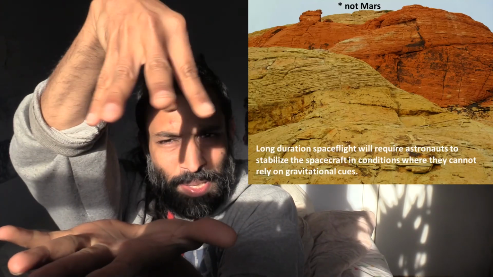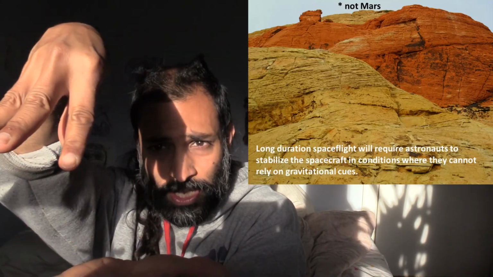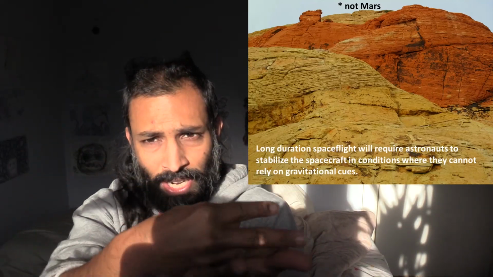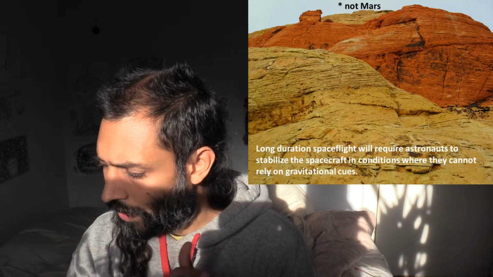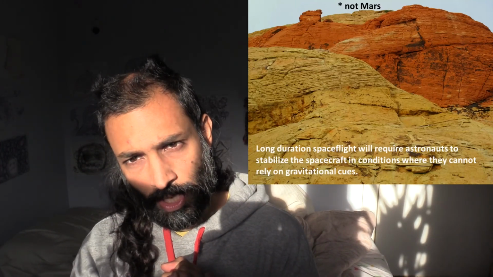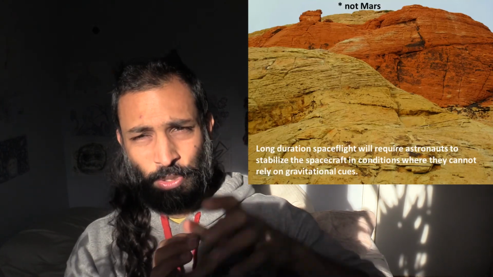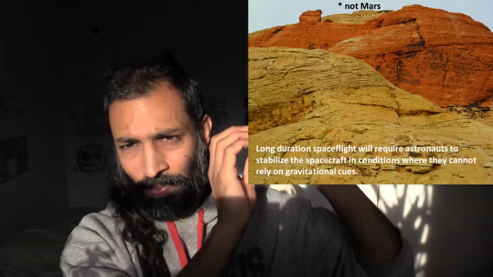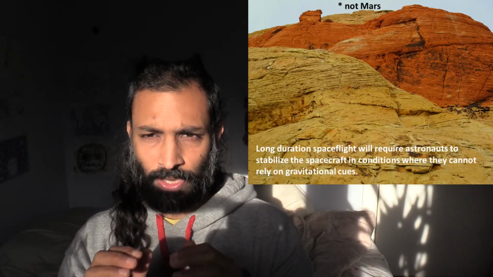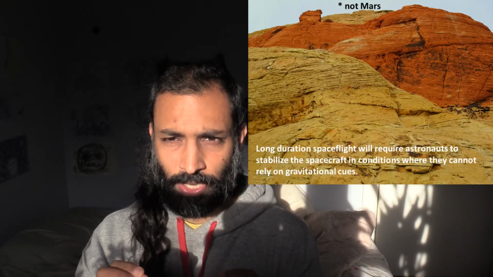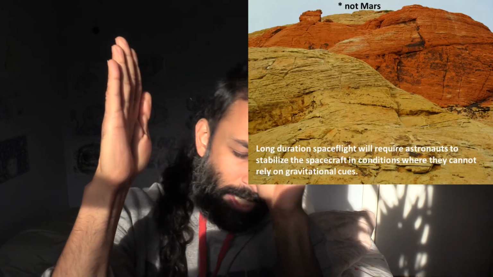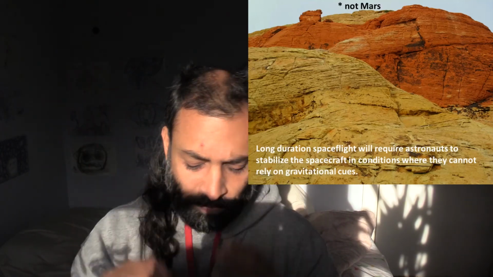As you try to stabilize that spacecraft, you better know where up is. If you don't, you're going to crash that aircraft or spacecraft. Now, what we also know is that astronauts will become very susceptible to spatial disorientation as they transition from outer space to the surface of Mars. And spatial disorientation is just when you don't have a good sense of where up is.